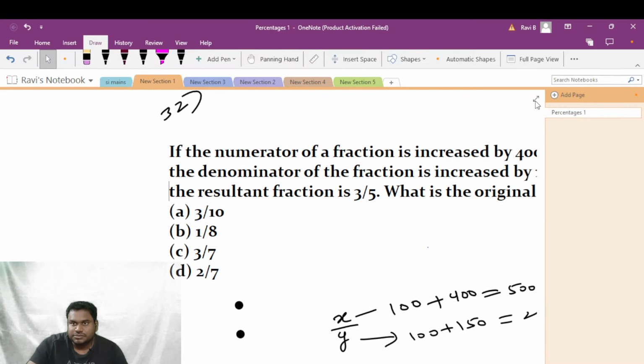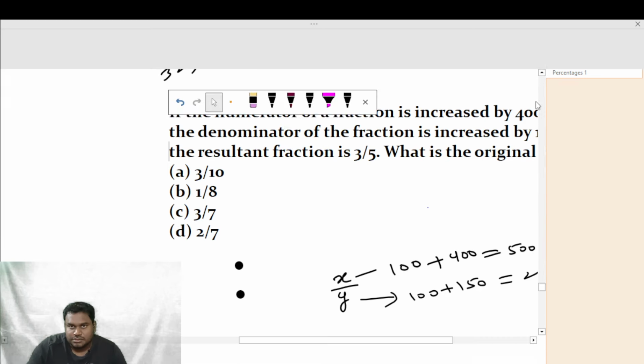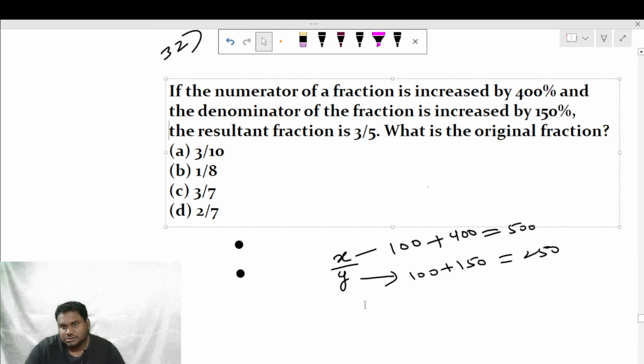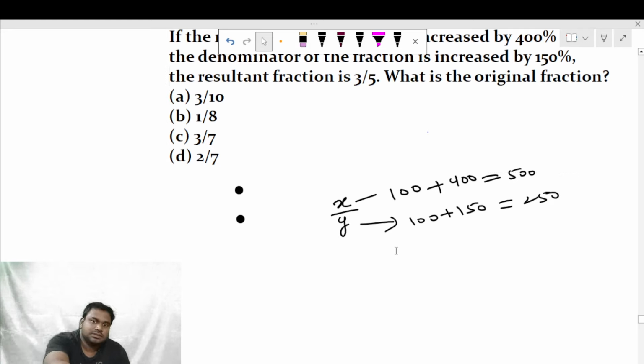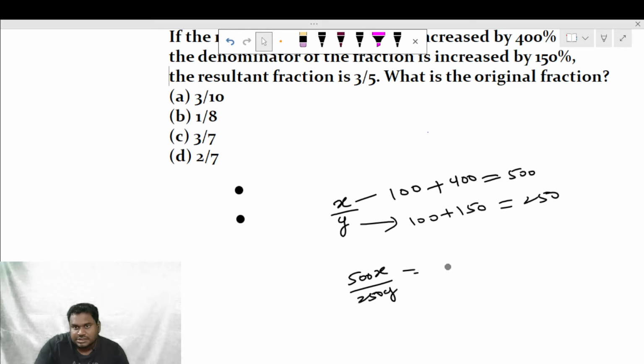So when it becomes 250%, what is happening? 500 times x over 250 times y is equal to 3 by 5.